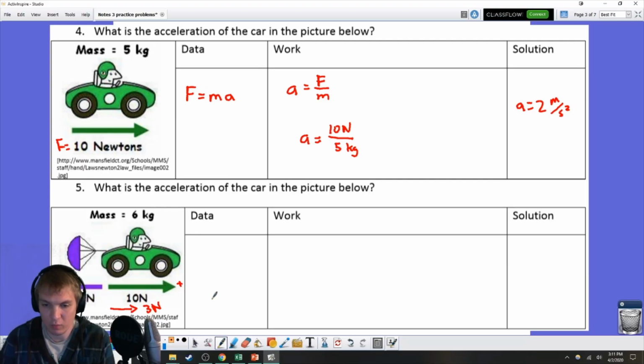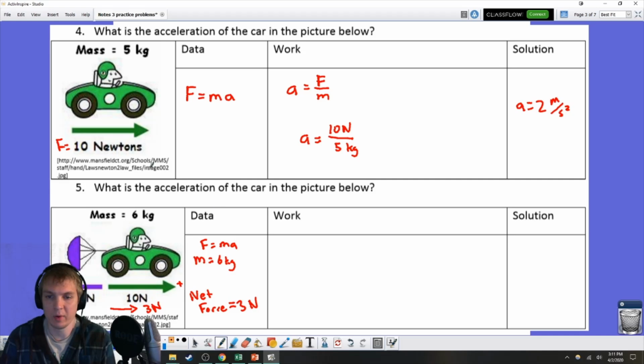Let's go ahead and write that down in the data. The net force is 3 newtons, and then we have a mass of 6 kilograms. We know the formula F is equal to ma, and again, we're solving for acceleration. So we can use A is equal to F divided by m.